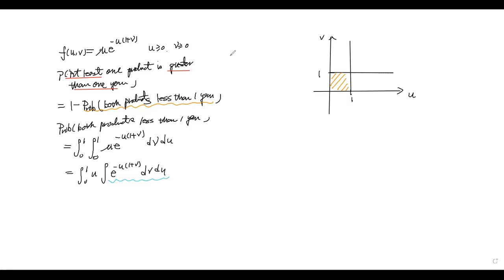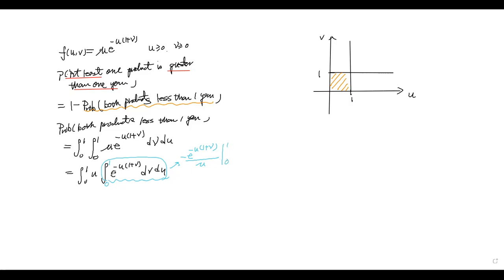Don't forget the limits are 0 to 1. When we integrate, it becomes u e^(-u(1+v)) over negative u, from 0 to 1.